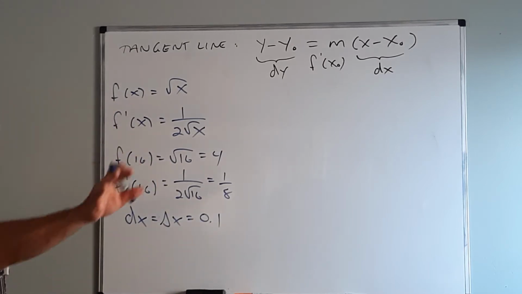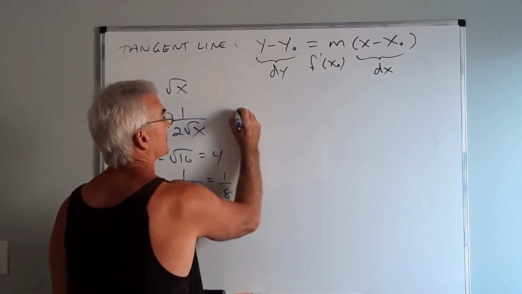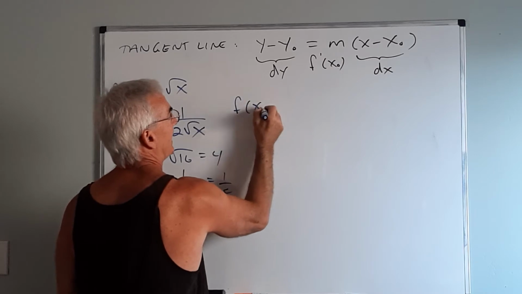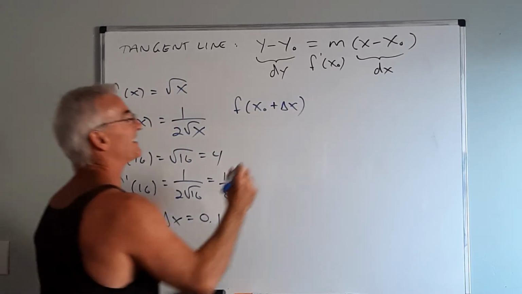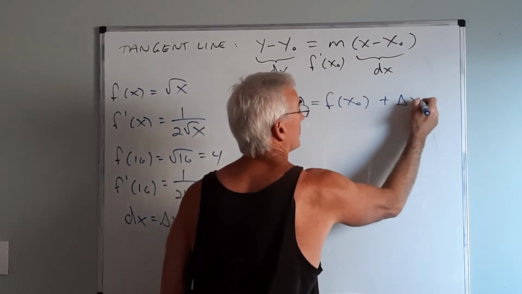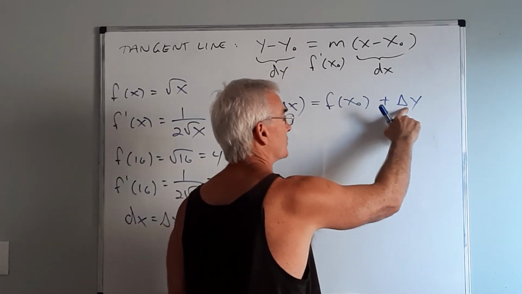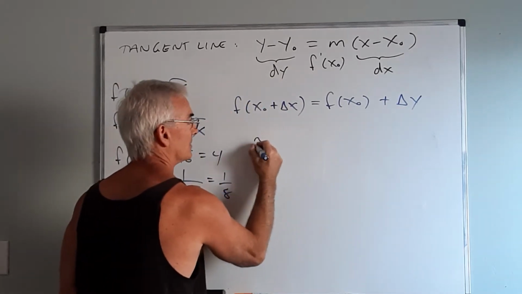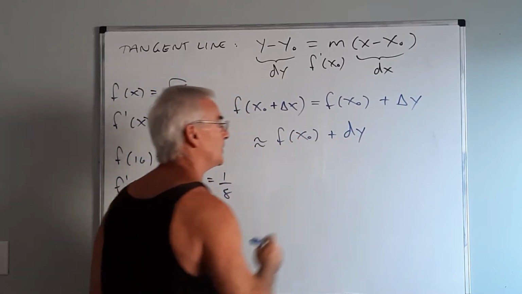Now, the overall rule here is really simple. Whenever you're doing an estimation using a tangent line, then f of x naught plus your actual change is equal to f of x naught plus the actual change in y. The problem is we don't know this value, so we're going to estimate this with f of x naught plus dy.